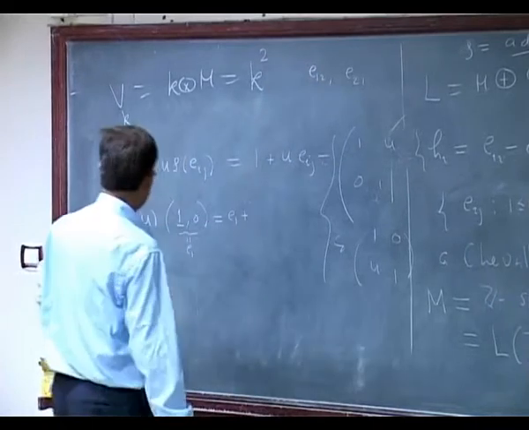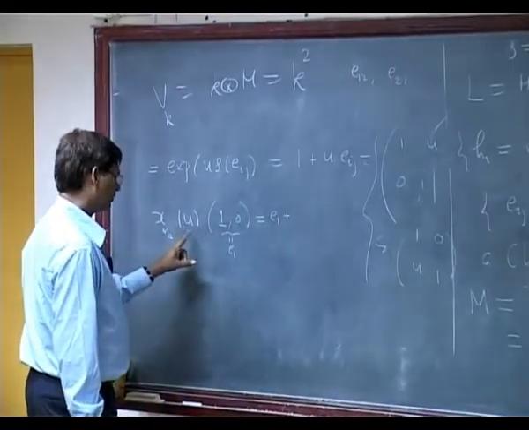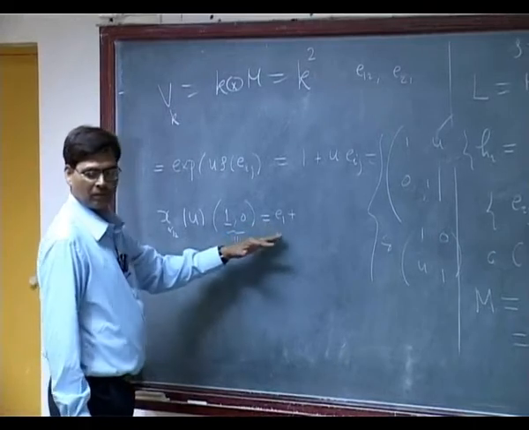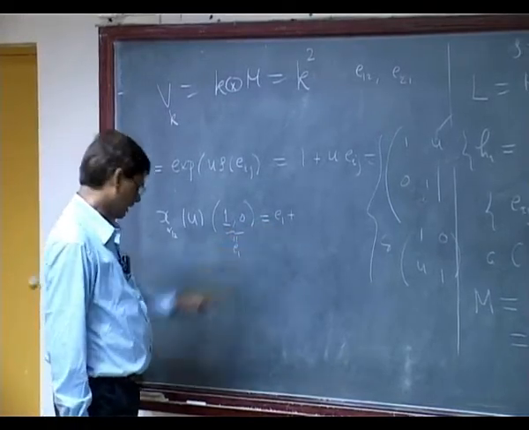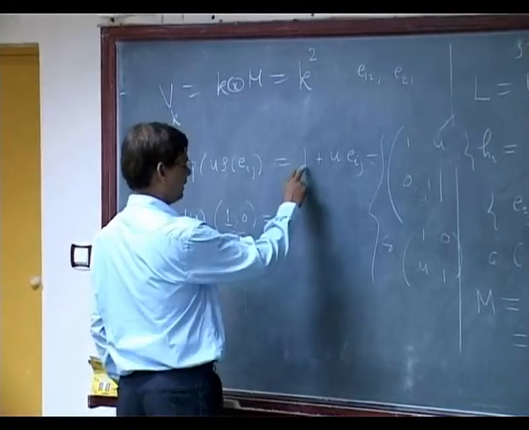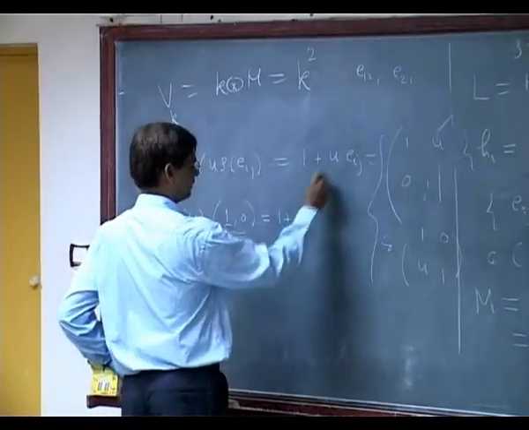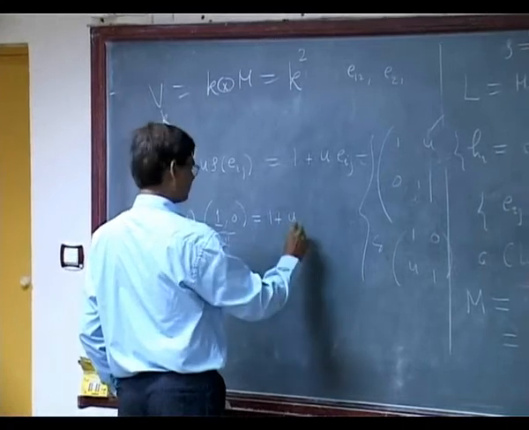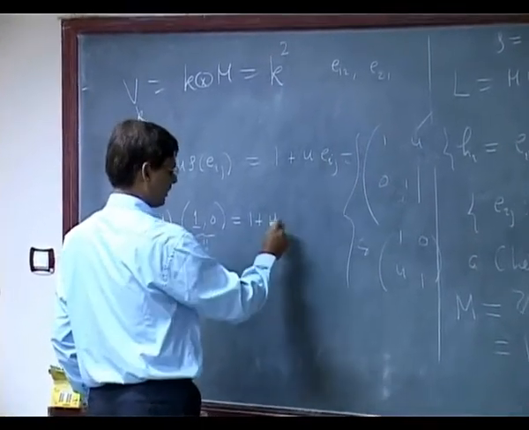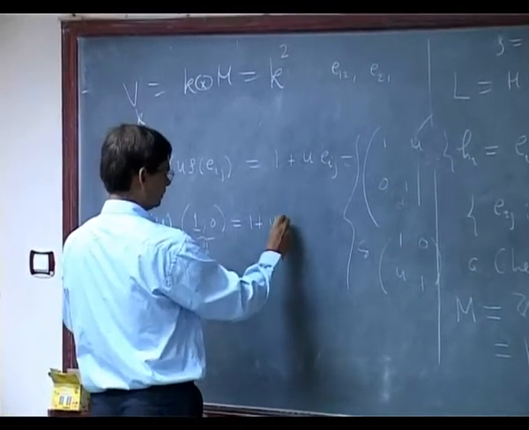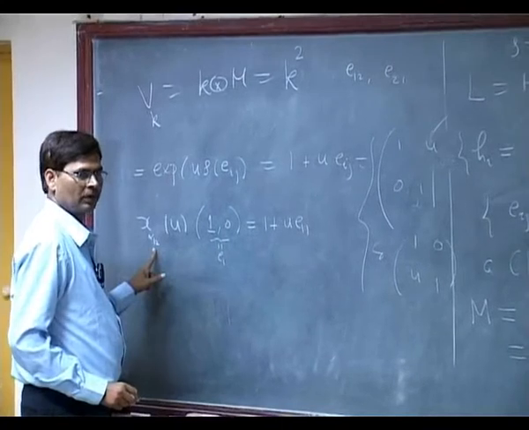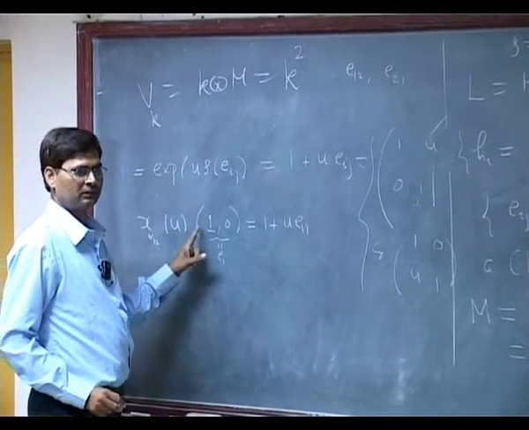Okay. So, at this point, what is this? This is exactly identity plus u times this matrix E, so this E11, okay, because you have a standard representation.